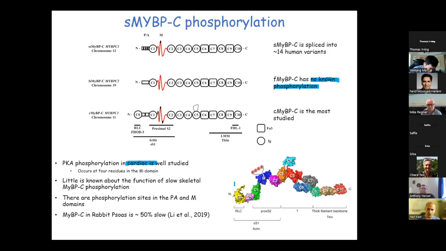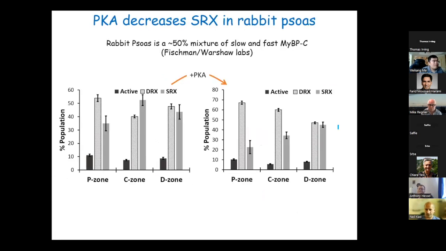However, we do know that myosin-binding protein C in rabbit psoas is about 50% slow muscle myosin-binding protein C, and the slow muscle isoform does get phosphorylated. So how does that affect our populations? Well, it actually affects them quite profoundly. These are the data that I showed you before. When we add PKA, you can now take a look at these data, and you see here that the SRX has dropped enormously, certainly in the P zone and in the C zone, and it's around about the same in the D zone.